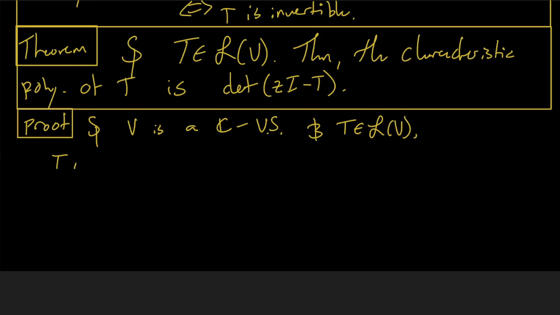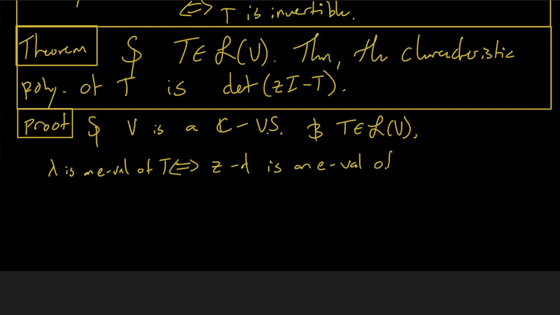Instead of saying T has lambda as an eigenvalue, I'll say lambda is an eigenvalue of T. Well, I claim that that is equivalent to z minus lambda being an eigenvalue of zI minus T. Agree with that?